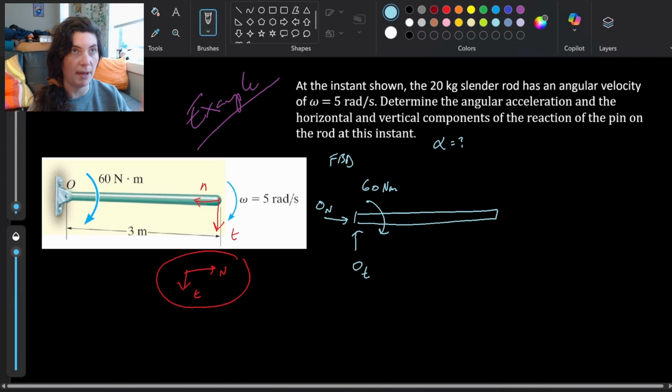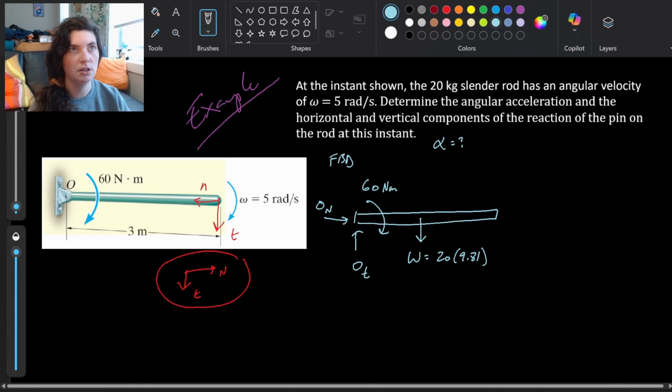It tells us it has a mass of 20 kilograms. And so it's going to be acting at the center of mass for this slender rod. And that's going to be that the weight is 20 kilograms times 9.81 to turn that into a force. And those are all of the forces that I see, right? So I want to capture all moments and all forces in my free body diagram. And I think we've captured all of them here now.